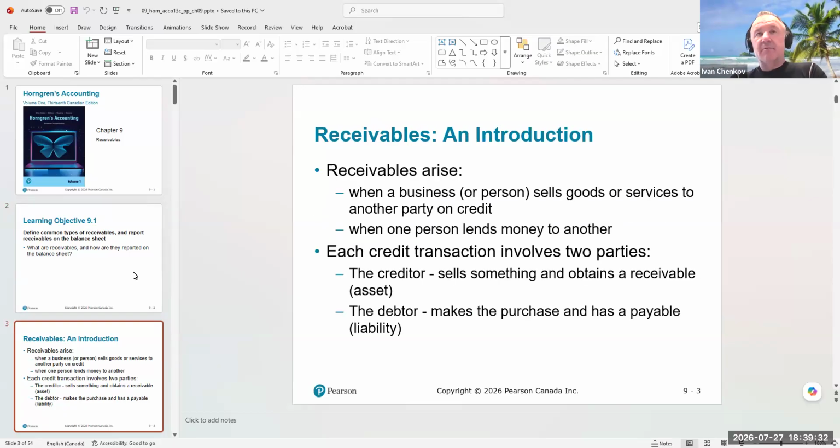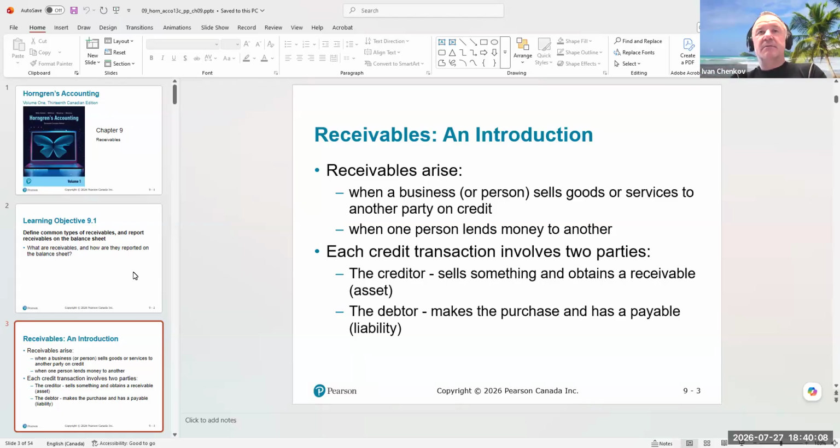So first, the receivable happens because a business or person sells goods or services, or now the goods are merchandise and finished goods, depending on the business, to another party. So once we sell the goods and services to another party on credit or on account, the way we see it in the examples with the scenarios, journal entry, that will create receivables.